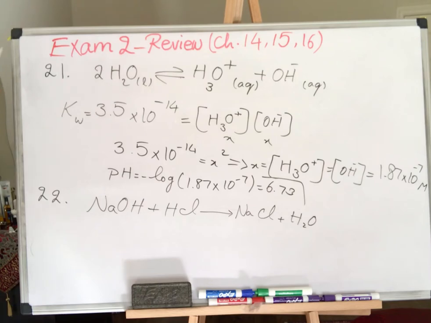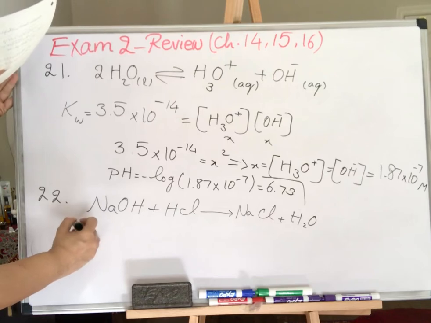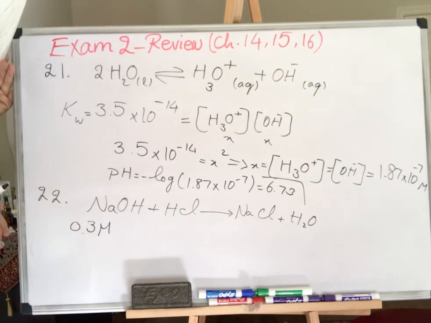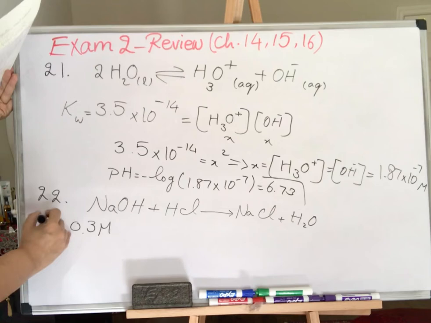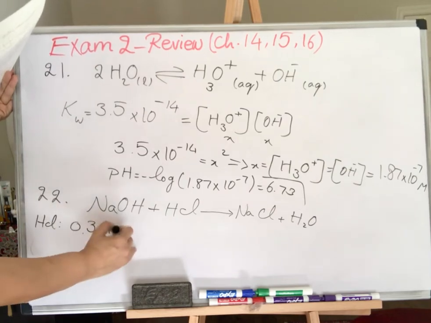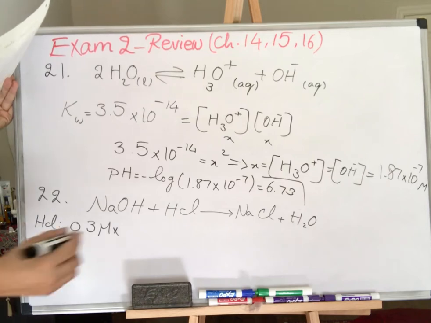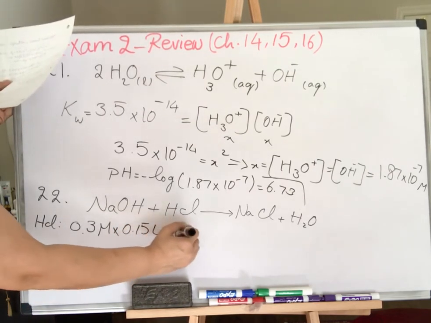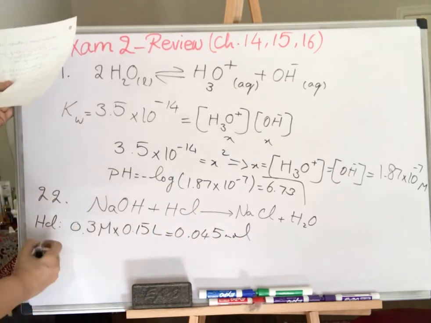So you have 0.3 molar of HCl. If you multiply the molarity by the volume, 0.15 liter, it gives you 0.045 moles.